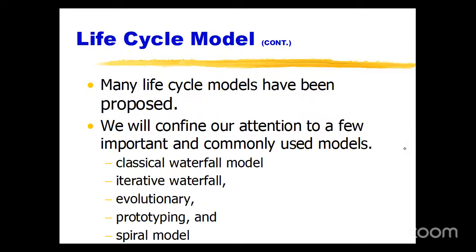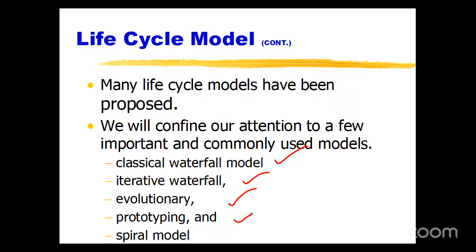Many life cycle models have been proposed. We will confine our attention to a few important and commonly used models. Those models are the classical waterfall model, iterative model, evolutionary model, prototyping model, and spiral model.